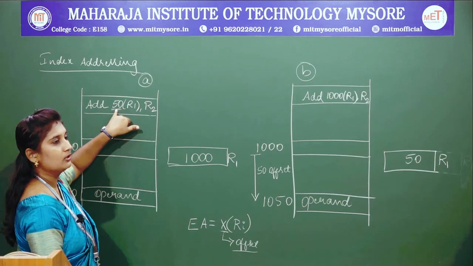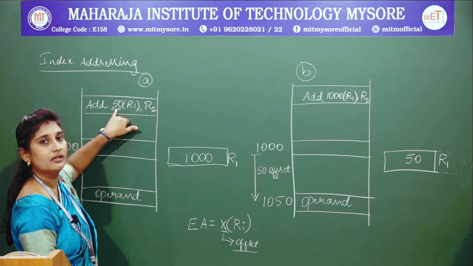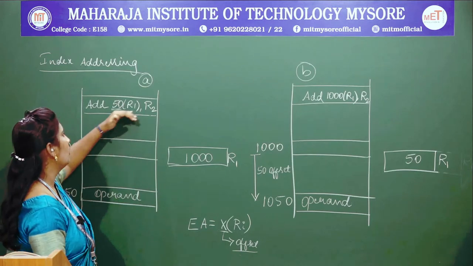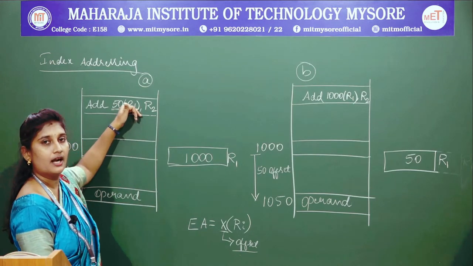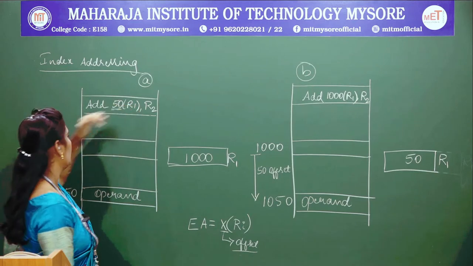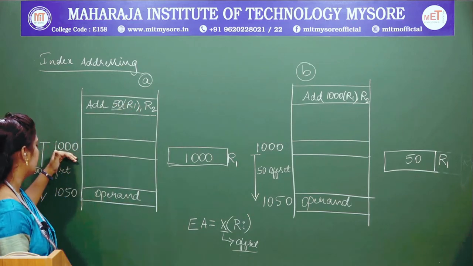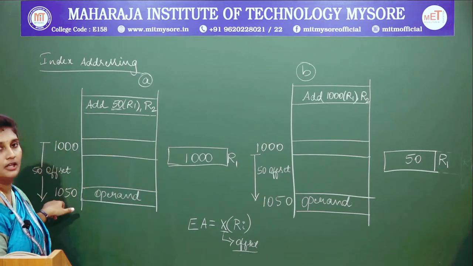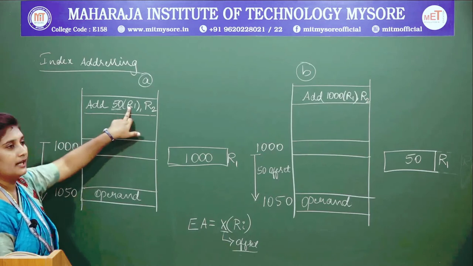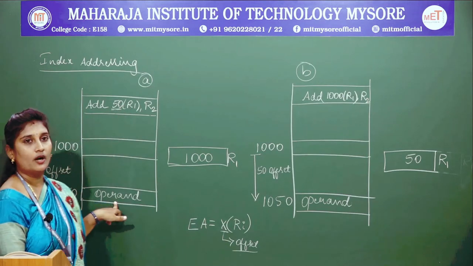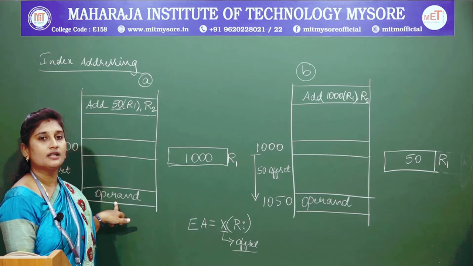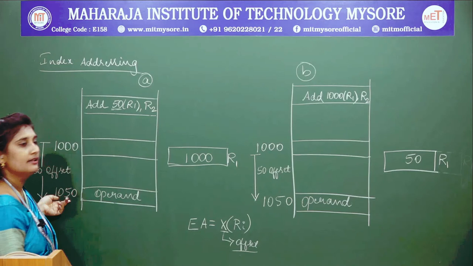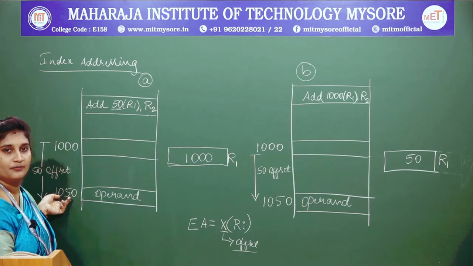So the offset value, the x value, is given explicitly in the instruction. Now I am going to check the contents of my R1 register. R1 holds 1000, the memory location. I need to add the 50 offset to it. So my effective address, to get the operand, will be the 1050th location. Fine.